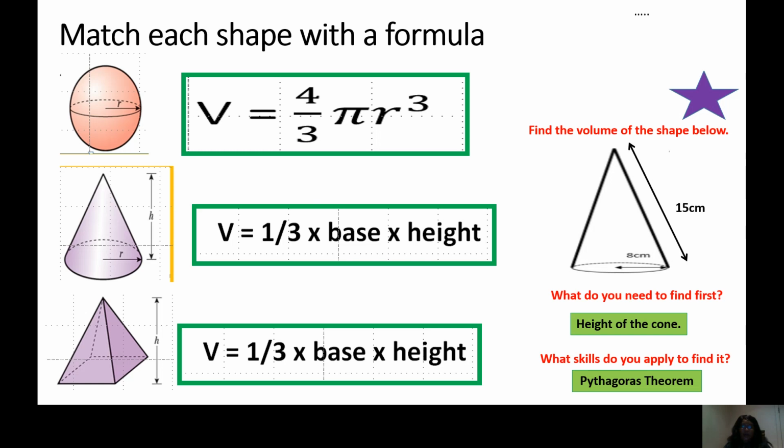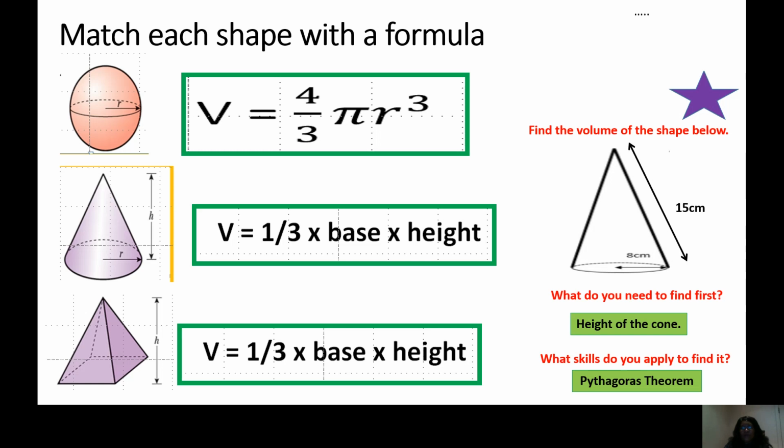Today's lesson is about using the formula for 3D shapes to find their volumes, and the key word there is substitution. We had that question where we had to simplify or write expressions for length, area, or volume in an algebraic form.